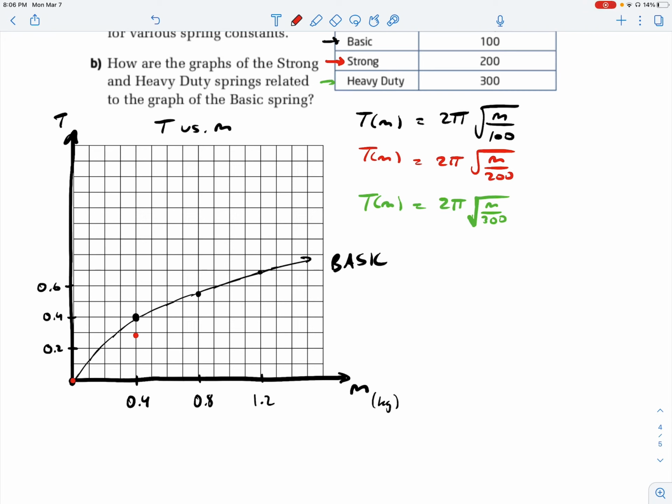And then if we plug in 0.8, we actually get about 0.4. And if we put in 1.2, we get just below 0.5. So again, we got a nice curve going through here. Okay, and those aren't exact, they're just kind of close approximations.